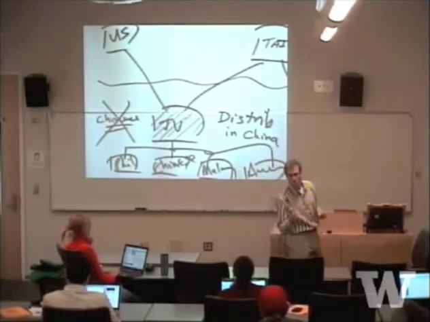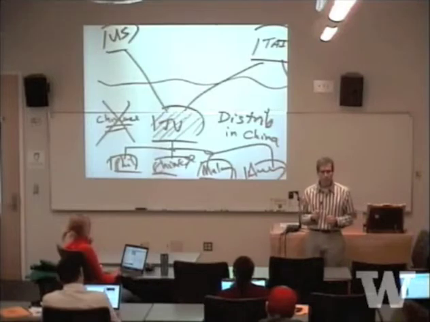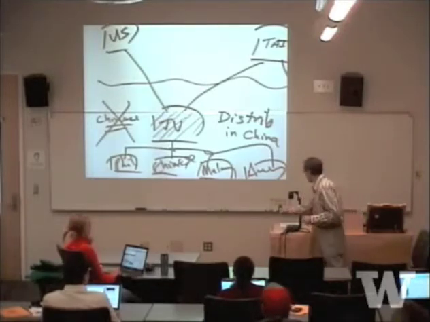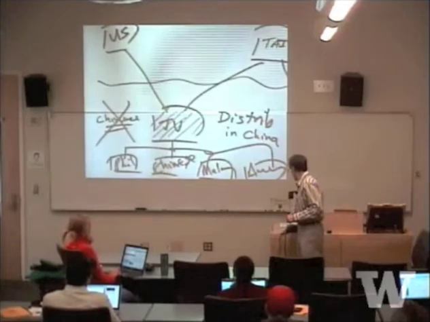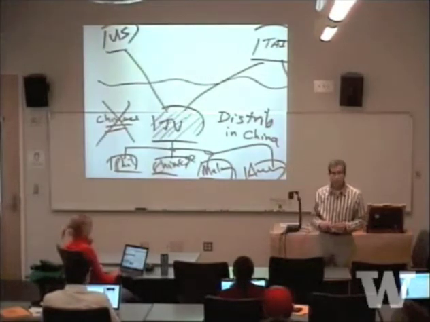Now, why was it so necessary to not have the holding company in China? Why is it so important that we put this X through the Chinese location of formation?